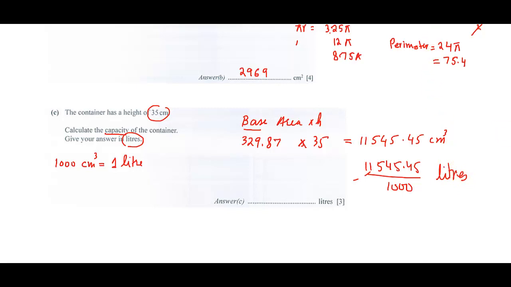Dividing by 1000, the decimal will come over here, after 3 places. It will be 11.545, which is 11.5. So the capacity or the volume of the container is 11.5 liters.